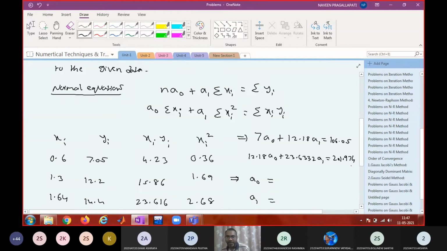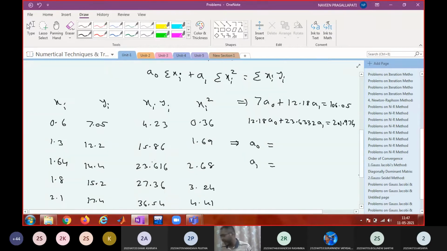In your calculator you have the option of solving a system of linear equations.